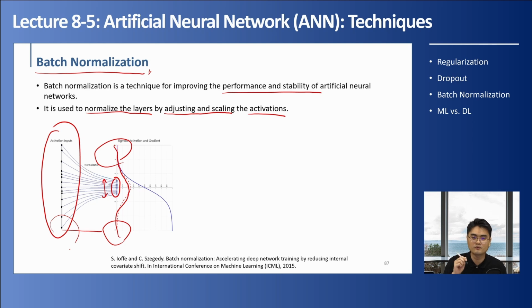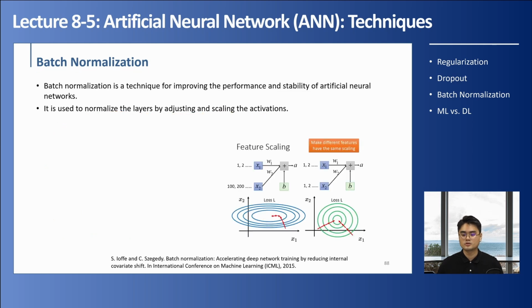However, if we scale our inputs to this range, we are going to have good gradients, so we can train our neural network much better. This is what batch normalization does in every layer that you choose to apply it to. You can also think of this as doing some feature scaling.